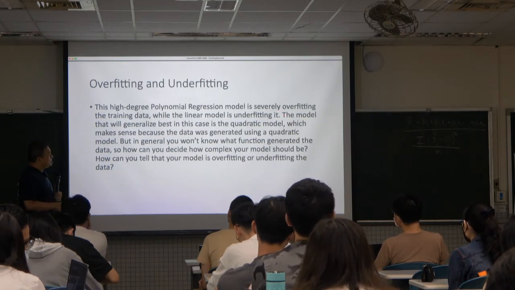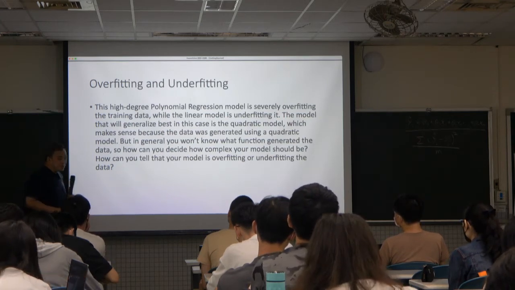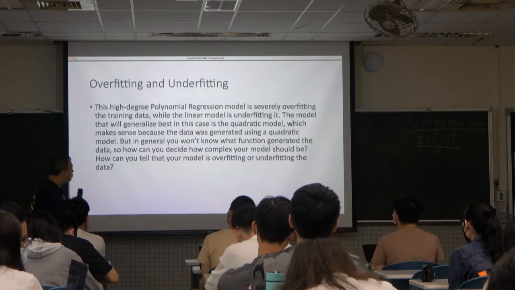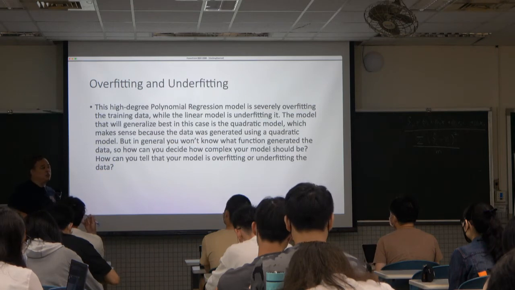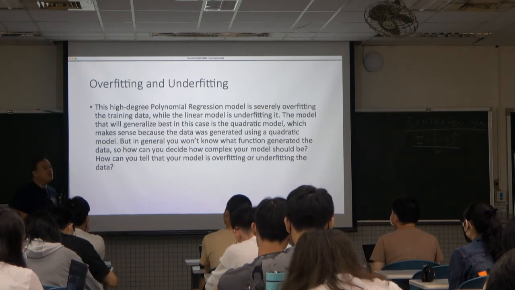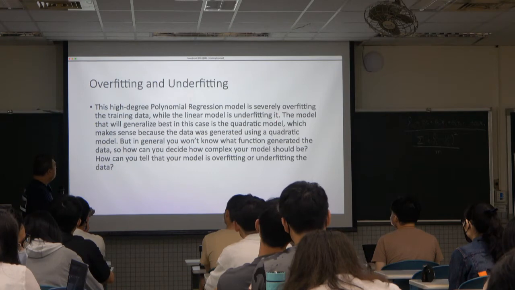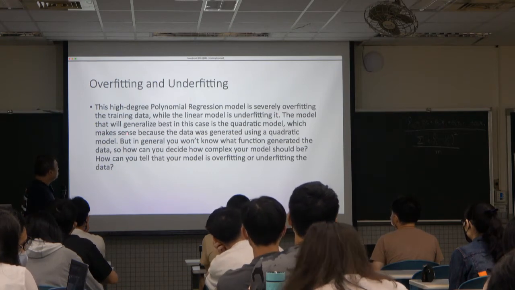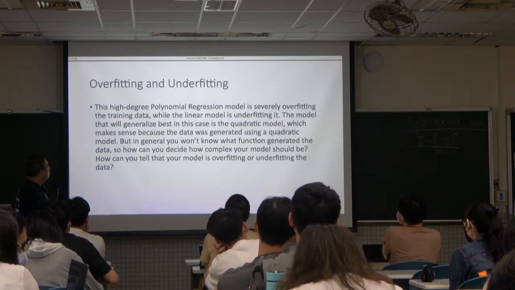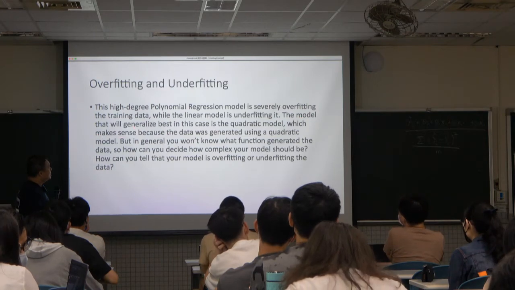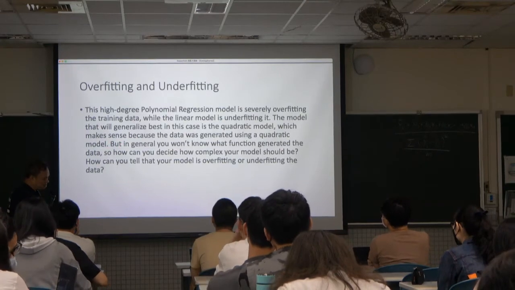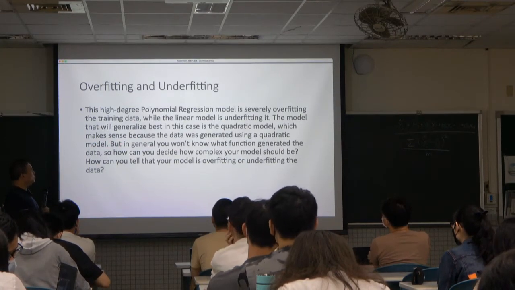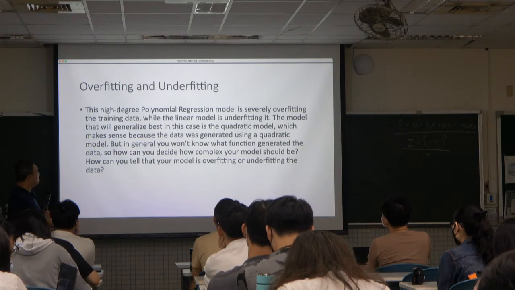If the model overfits the data, one way to put it is that the model does not generalize very well. The model that will generalize best is the quadratic model. The other models, no matter whether they are overfitting or underfitting, normally do not generalize very well.